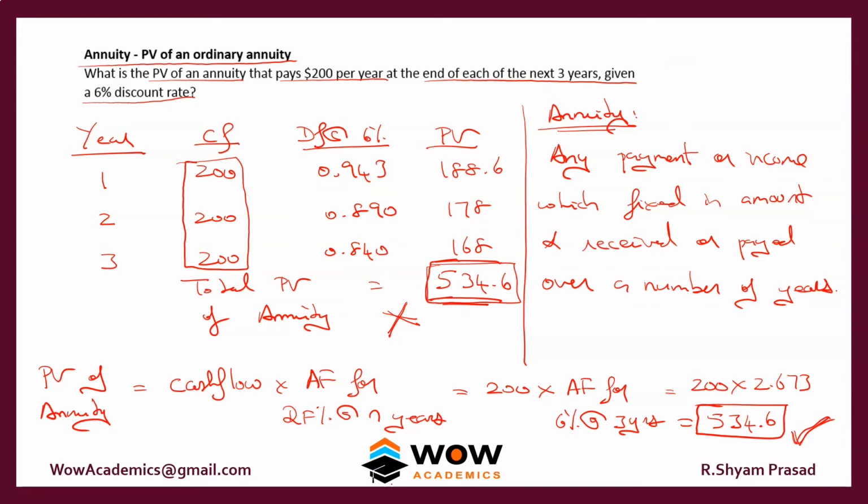Ensure that you understand annuity, because in exams, in a lengthier problem, they'll simply give you 200, 200, 200 like this, for 5 years perhaps. If you do this through a table approach, it will take you around 10 minutes, but if you do it through this one, it will take you 1 minute.